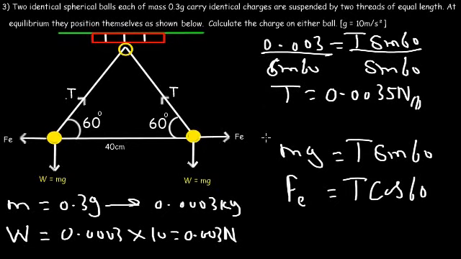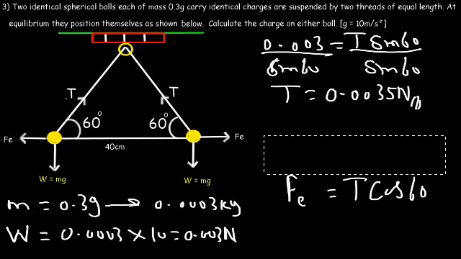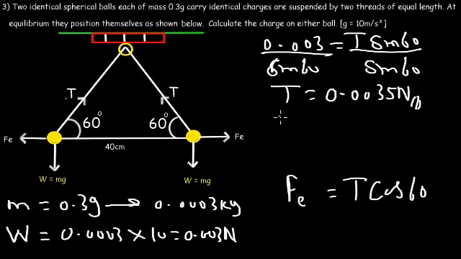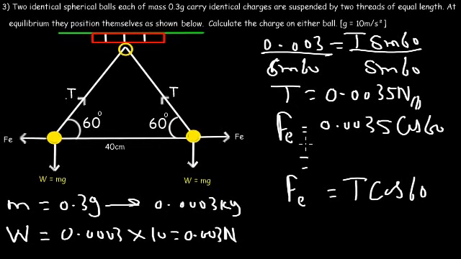So we can clearly see that. So I would like to get rid of this. The electric force is equal to 0.0035 cosine 60. So I'm going to type that into my calculator: 0.0035 multiplied by the cosine of angle 60 degrees.